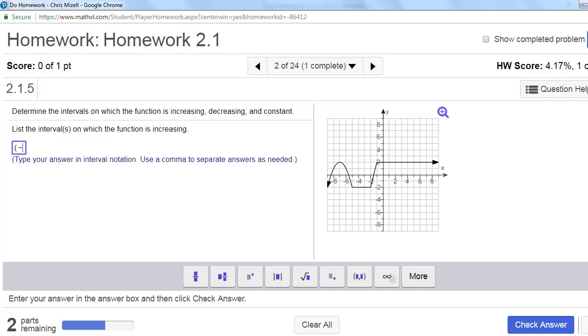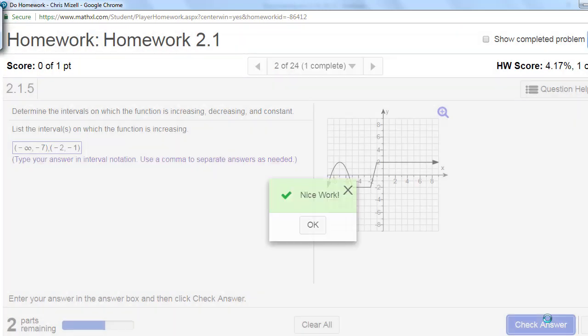There's a shortcut: it's front slash INF if I don't want to type. Okay, there it is. Comma -7, close the parentheses, and then comma, also increasing on the interval from -2 to -1. Let's see if it likes it.